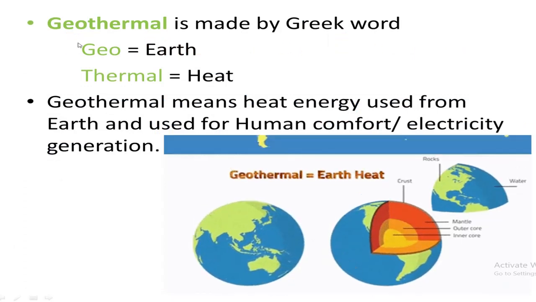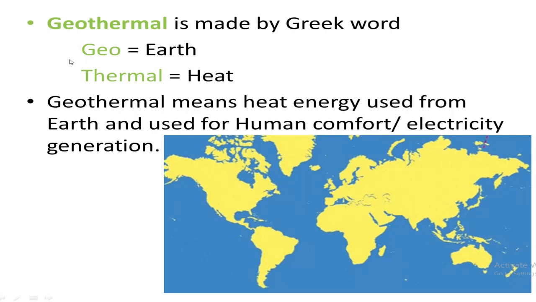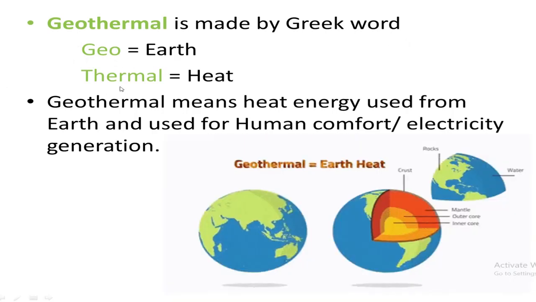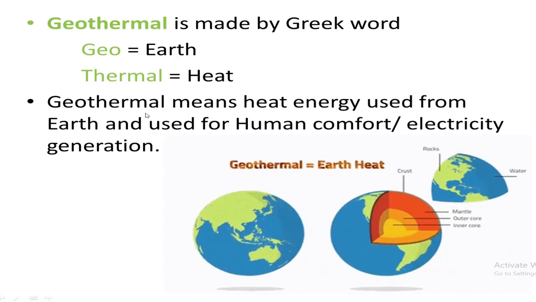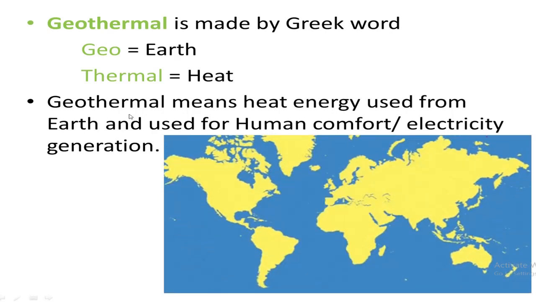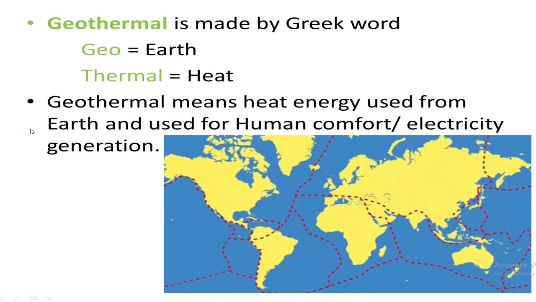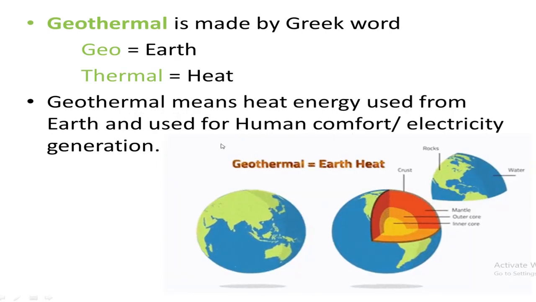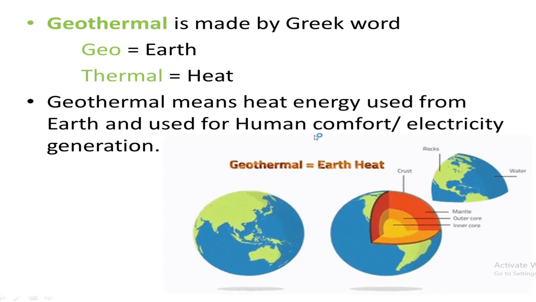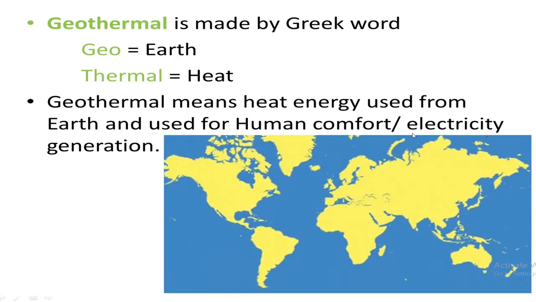The word geothermal comes from the Greek words geo, meaning earth, and thermal, meaning heat. Combining both, the definition is the heat energy taken from the earth and used for human comfort, such as to produce electricity.